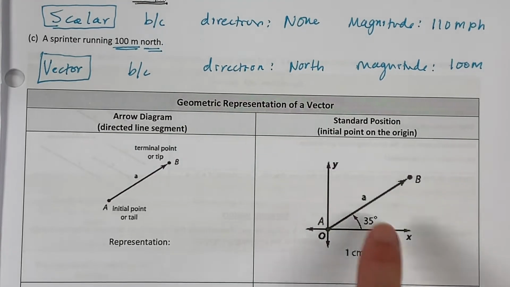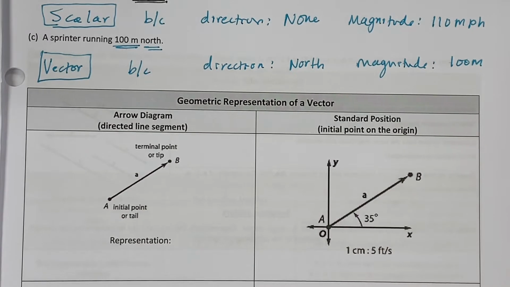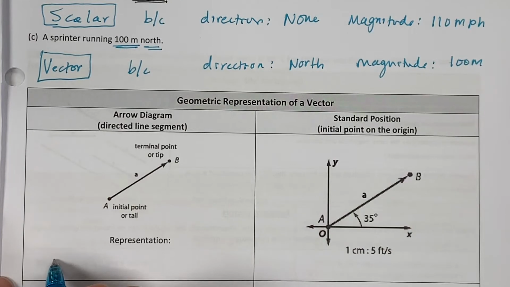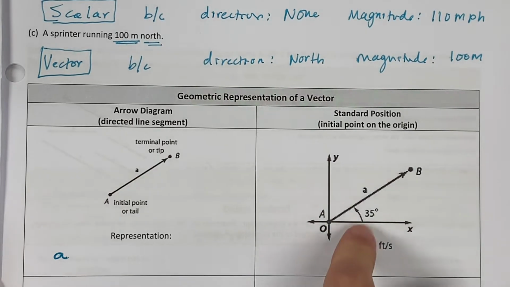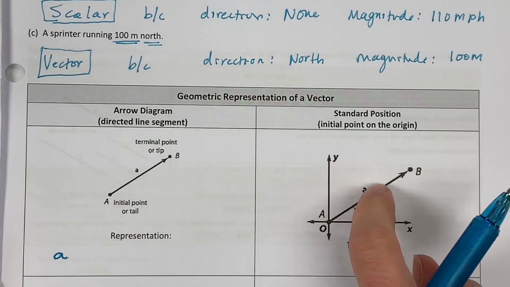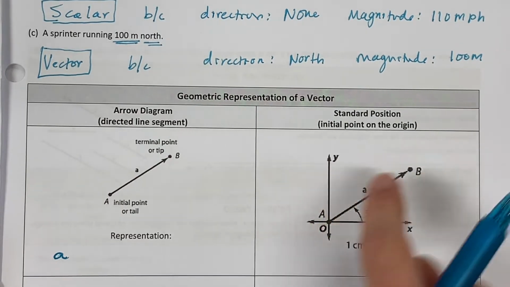If you look at this example, I have vector AB, and we can represent a vector in one of 3 ways. Most of the time, it's just given as a boldface lowercase letter. So this would be vector a, because notice it has a little a along the vector.